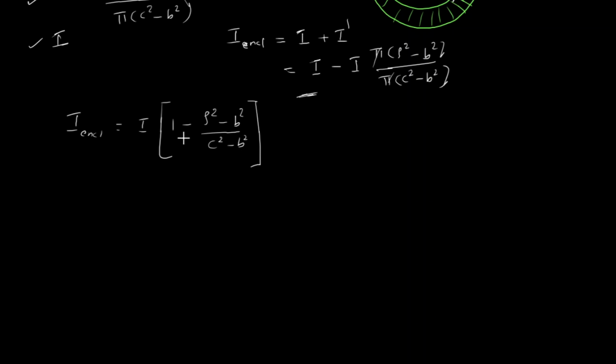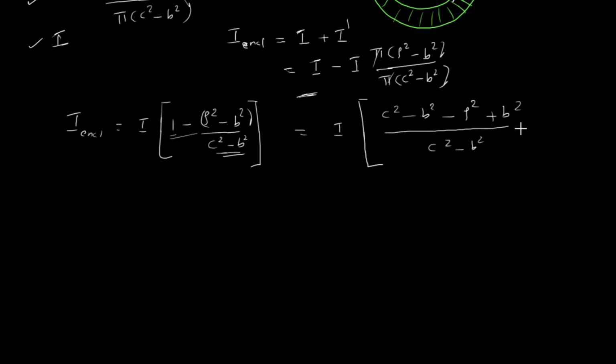Okay, so now take the LCM of this. So I multiplied by this, c square minus b square comes here. So c square minus b square minus rho square plus b square it becomes. I just multiplied this. There is a bracket here, right? So when I multiply this minus, this becomes plus, divided by the LCM c square minus b square.